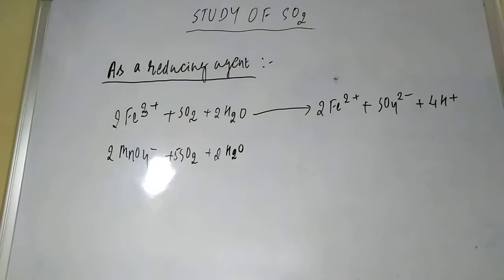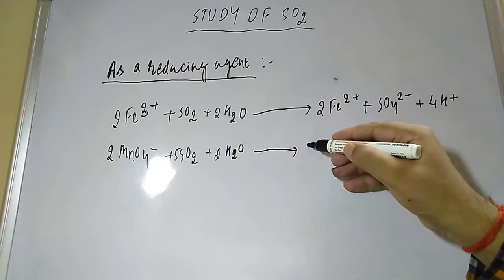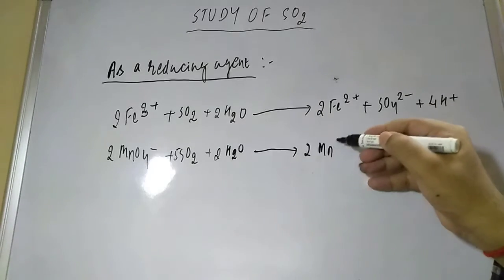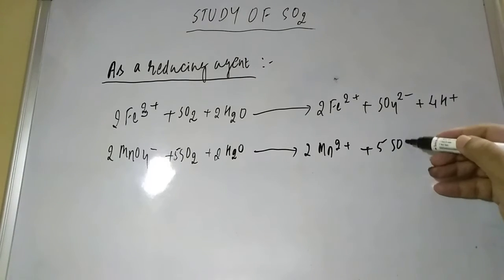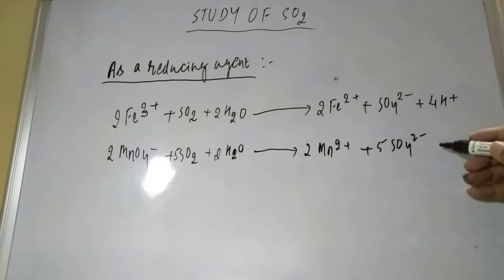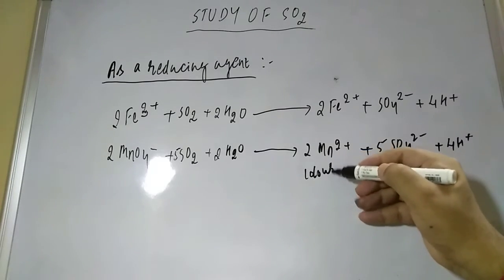It will give 2 mole of Mn2+, 5 mole of SO4 2- plus 4H+. The product of this reaction is colorless.